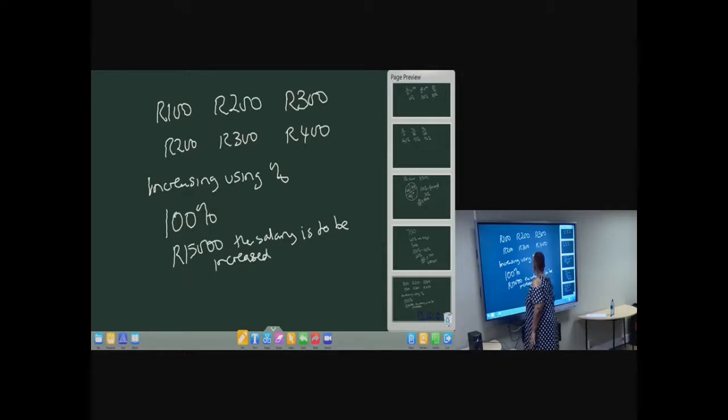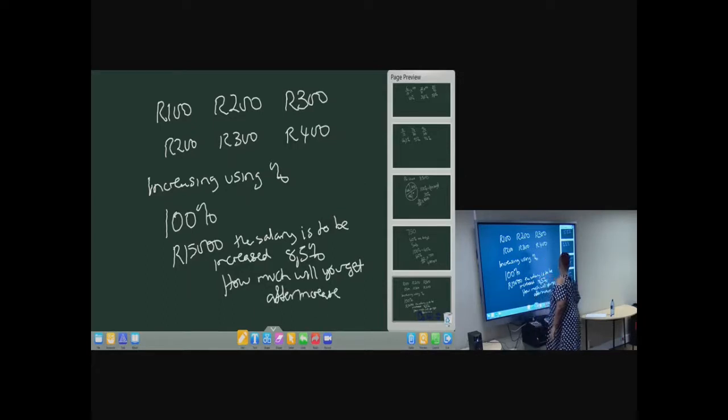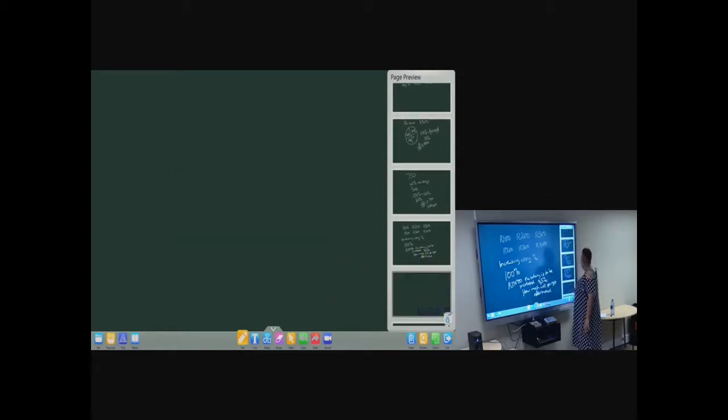Okay, let's not make 15%. Let's say it will be increased by 8.5%. Then how much will he get after the increase? It's very important to use the method I am going to show you, because with this method, it makes you remember how to work backwards when you have increased.